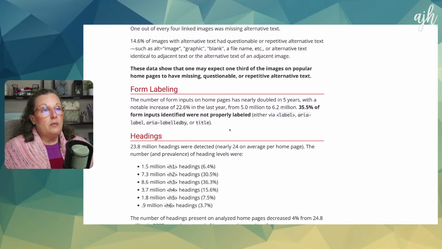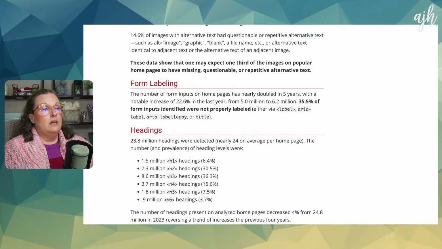The number of form inputs on home pages has nearly doubled in 5 years, with a notable increase of 22.6% in the last year, from 5 million to 6.2 million. 35.5% of form inputs identified were not properly labeled, either via aria-labelledby, or title. And I'm going to show you Label tonight with a way to make sure that you can appropriately hide your labels so they're still accessible by a screen reader.